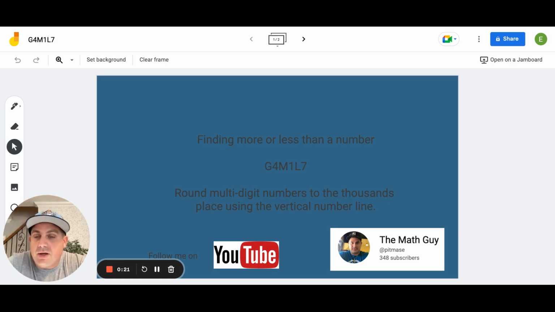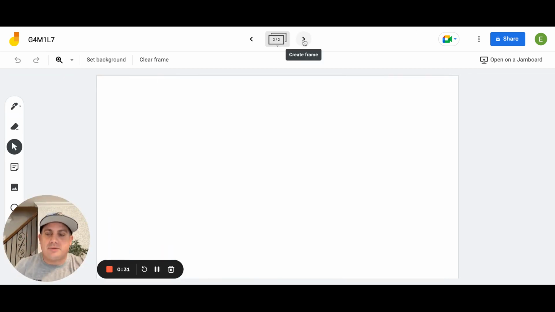So this is rounding multi-digit numbers to the thousands place using the vertical number line. All right, so let's just do some practice with that. Let's turn on the pen. All right.